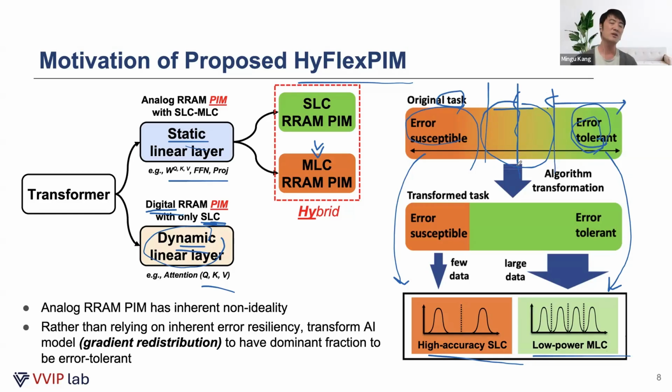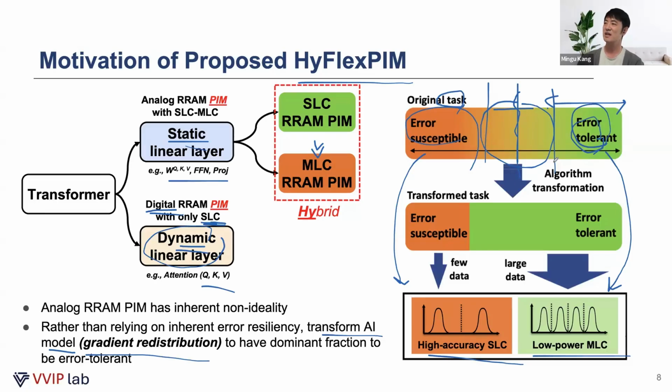So far in our community, we relied on the inherent error resiliency of the model itself. But I would say that is not the ultimate solution. So we propose a little bit more proactive solution, meaning that we transform the AI model itself into a form more favorable for analog PIM operation by using gradient redistribution.